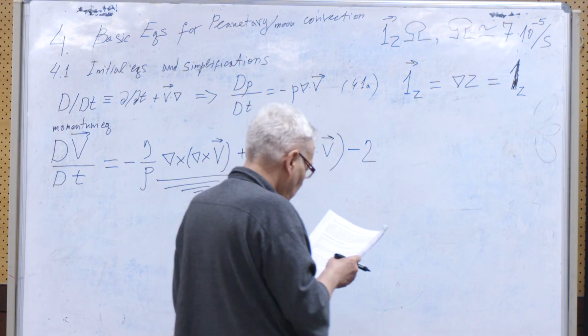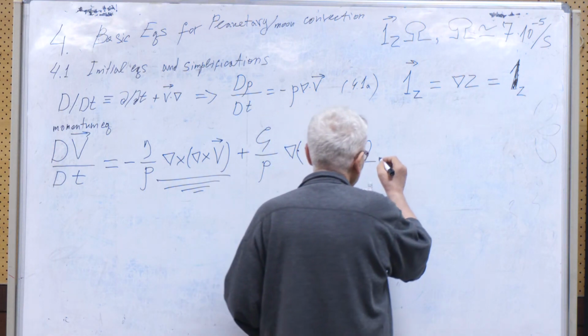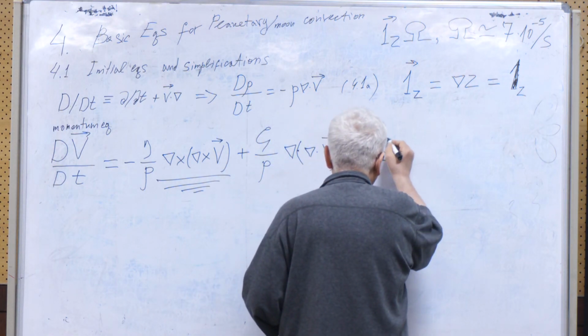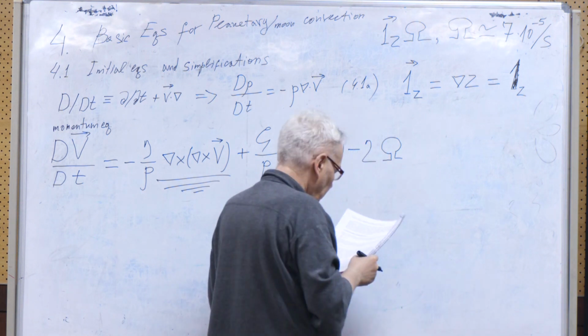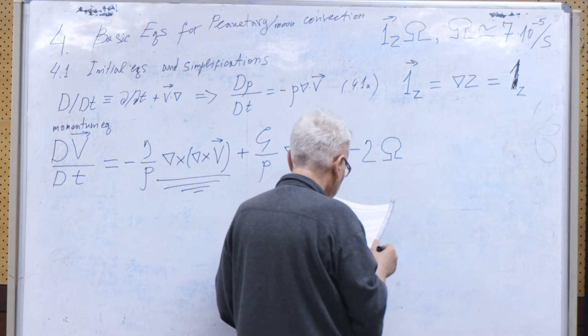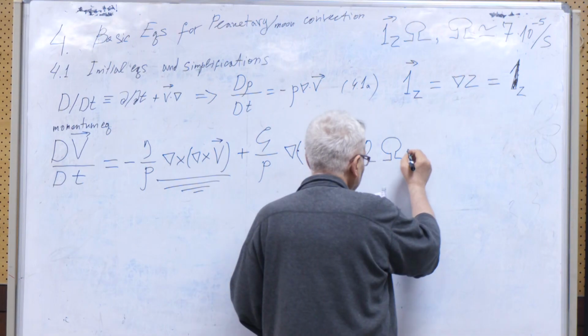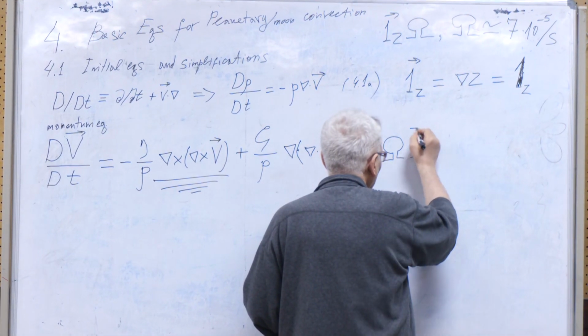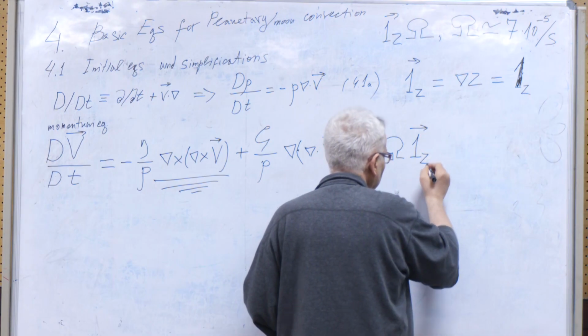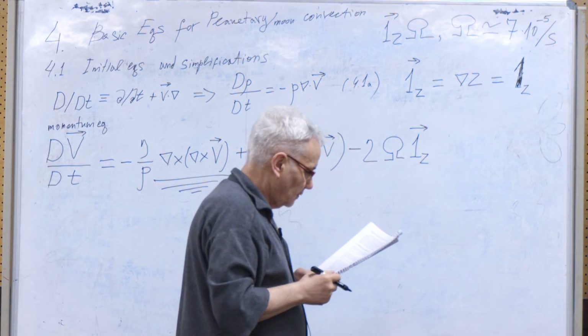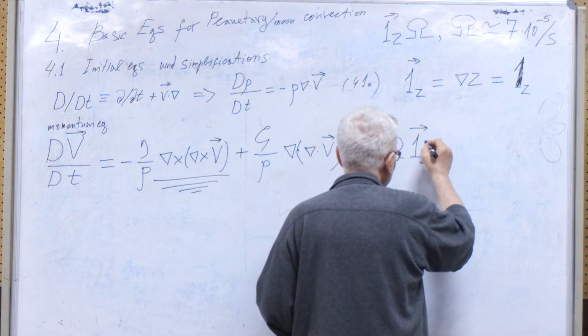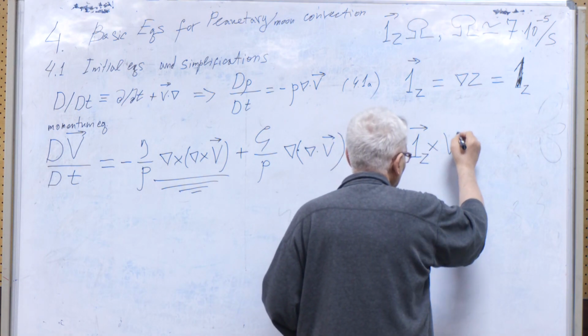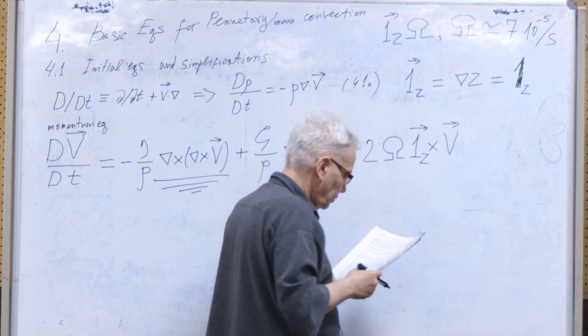So in this rotational system, the Coriolis force appears very naturally. Of course, here we put the module, then we put the unit vector in the direction of z, the axis of rotation, and it's just crossed with the velocity vector.